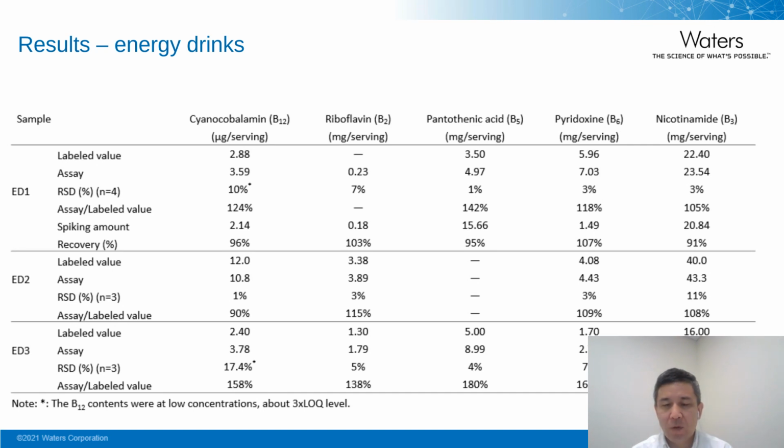The recovery ranged from 91% to 107%, which is very, very good, very accurate. And also you can see the RSD level in the determination of these B vitamins. The number is usually below 7%. For the cyanocobalamin, because of the low concentration, the RSD level is a little bit higher, 17%, which is very common at this level.